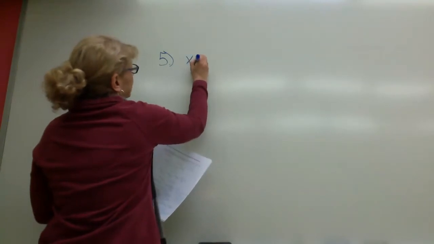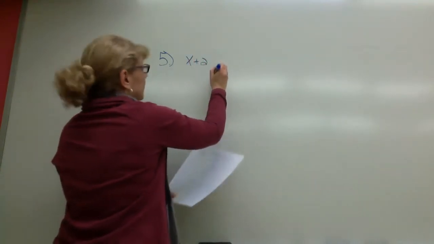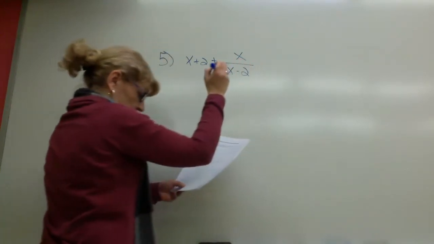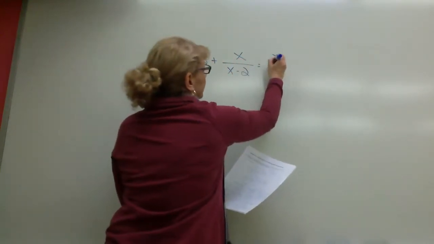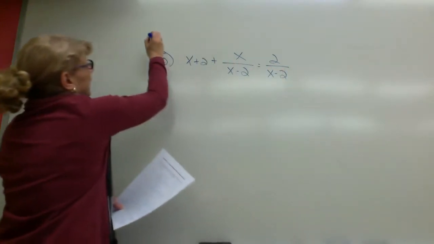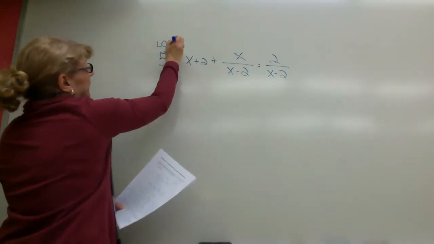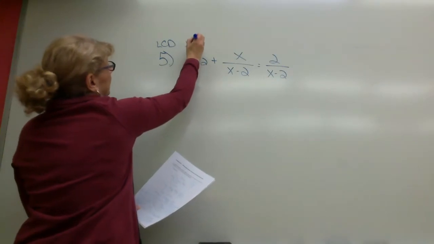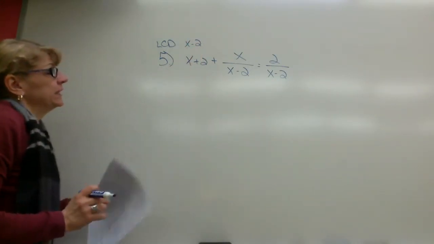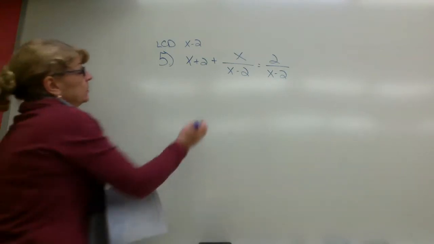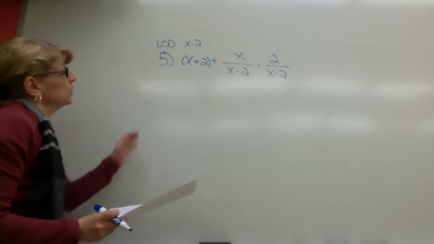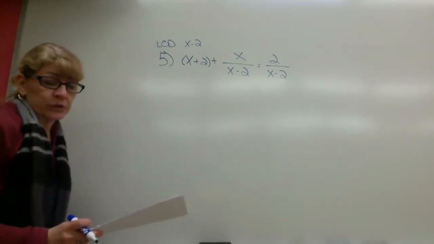I have x plus 2 plus x over x minus 2 equals 2 over x minus 2. Again, you can see the least common denominator here is x minus 2. So I'm going to multiply each term. Now in this case, you can go ahead and group the first 2 terms because when you multiply those 2 binomials, you FOIL them.